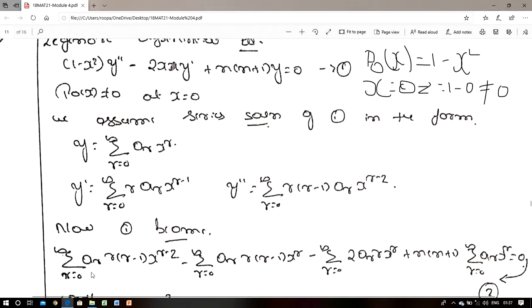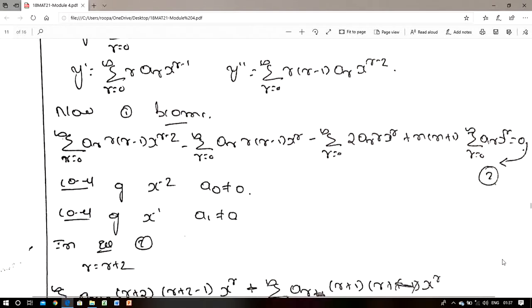Summation r is equal to 0 to infinity a_r r(r minus 1) x squared into x to the power of r minus 2, that is x to the power of r, minus summation r is equal to 0 to infinity a_r r(r minus 1) x to the power of r minus 2, since the x squared cancels, minus summation 2 a_r r x to the power of r, plus n(n plus 1) summation r is equal to 0 to infinity a_r x to the power of r. Call it equation number 2.